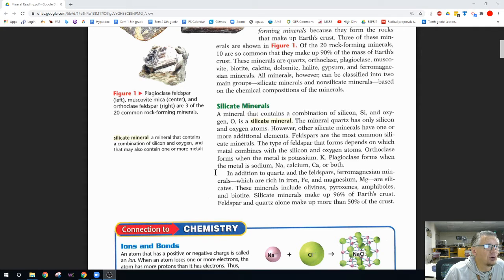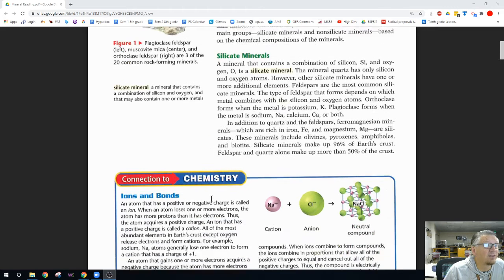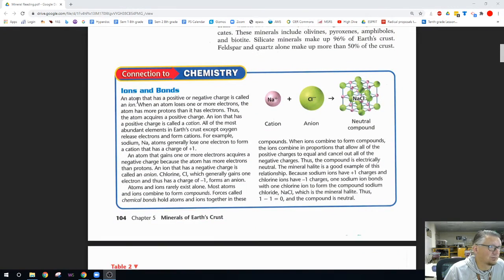In addition to quartz and feldspar, ferromagnesian minerals, which are rich in iron, Fe, and magnesium, Mg, are silicates. These minerals include olivines, pyroxenes, amphiboles, and biotites. Silicate minerals make up 96% of the Earth's crust. Feldspar and quartz alone make up more than 50% of the crust.